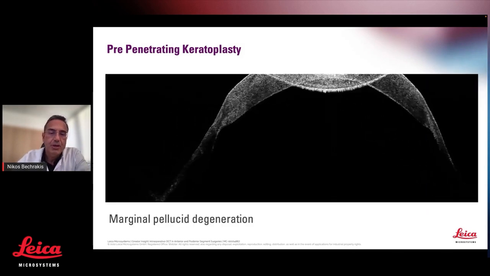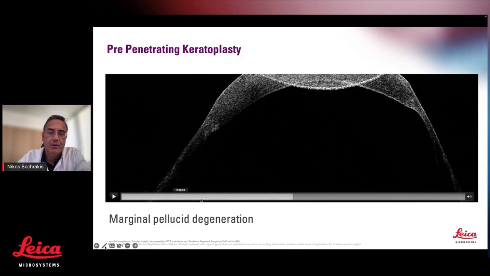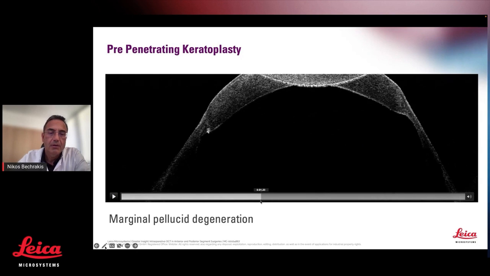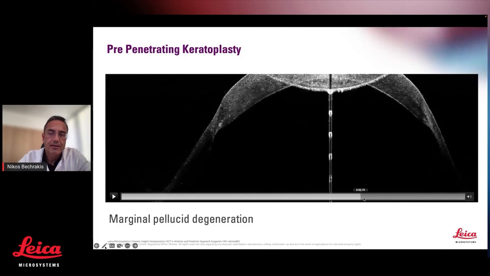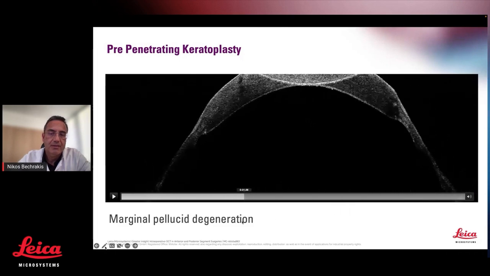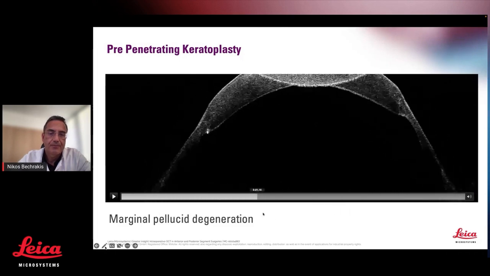Let me share with you this case here, where you can see in this marginal pellucid degeneration how thin the cornea is at the periphery. This is especially useful in order to plan your trephination at an area where the cornea is not that thin. Otherwise, it would be really difficult to adapt your new cornea in this area.